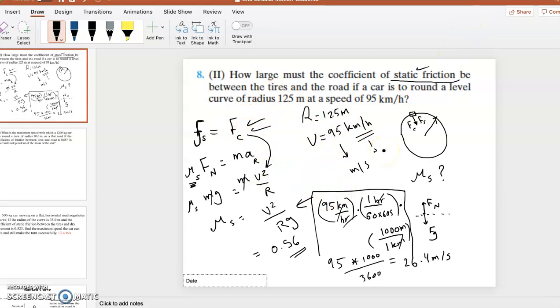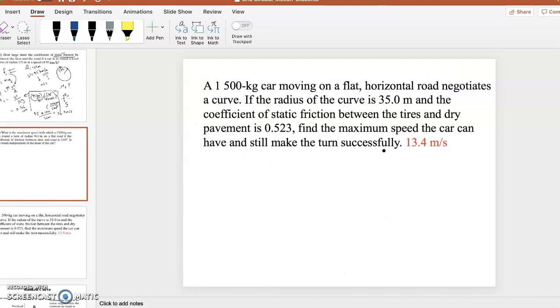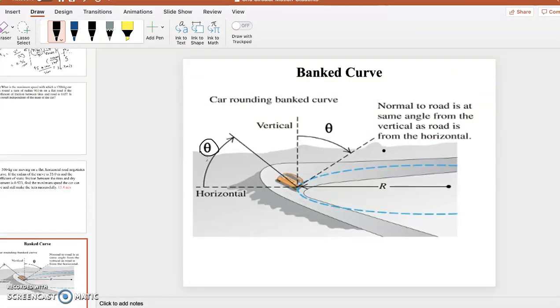Now, enough with these problems, and now come back to the banked curve. Again, as I mentioned at the end of the last clip, earlier we used to talk about a car negotiating a simple flat curve.